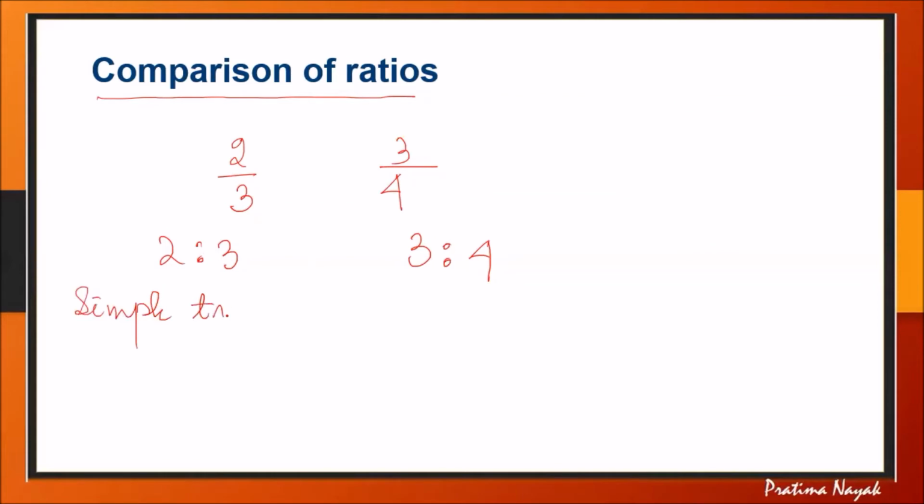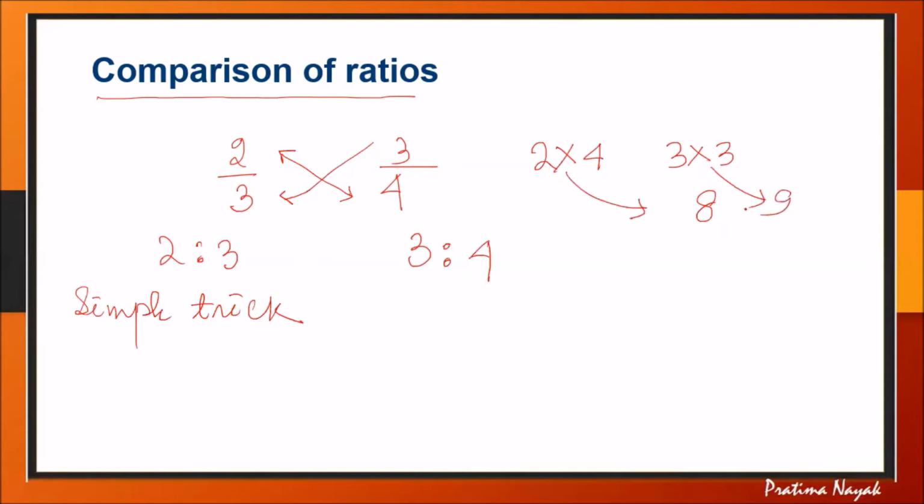Just multiply 2 and 4, how much is it? 8. And then multiply 3 and 3, how much is it? 9. So this gives you 8 and this gives you 9. 9 is greater, so 2/3 is smaller than 3/4.